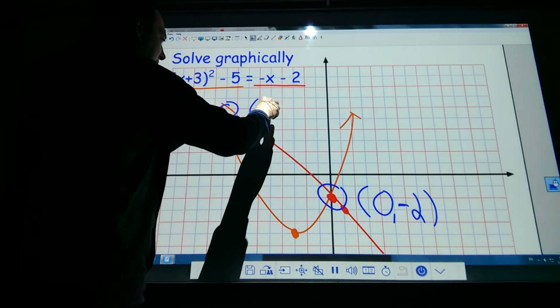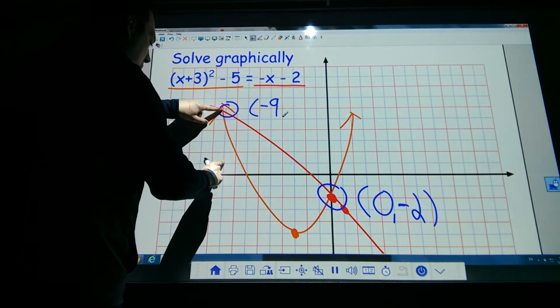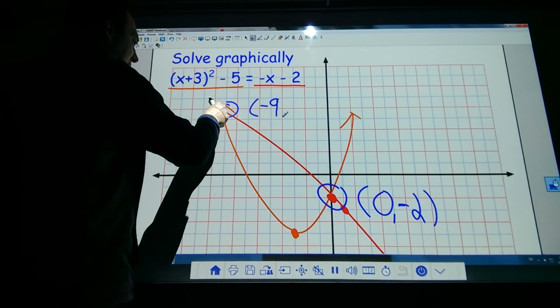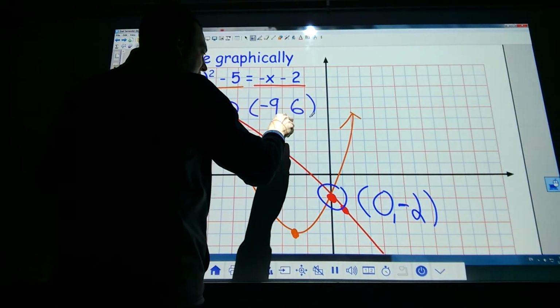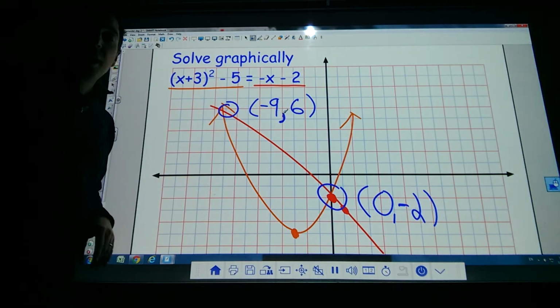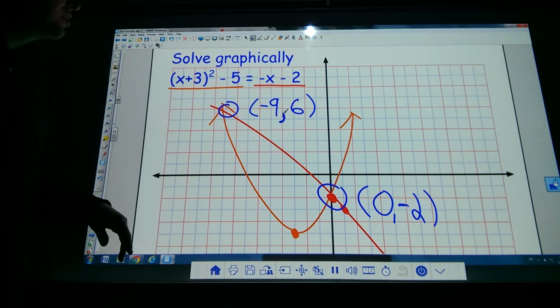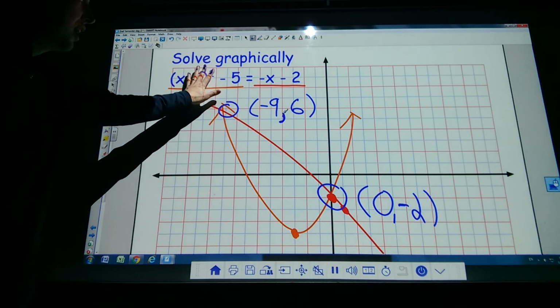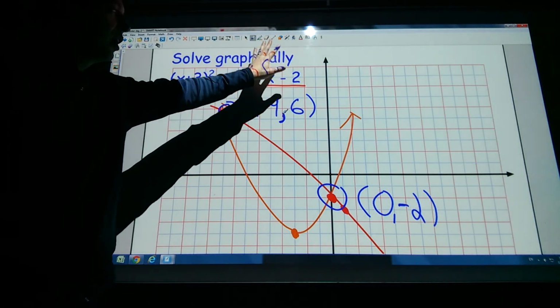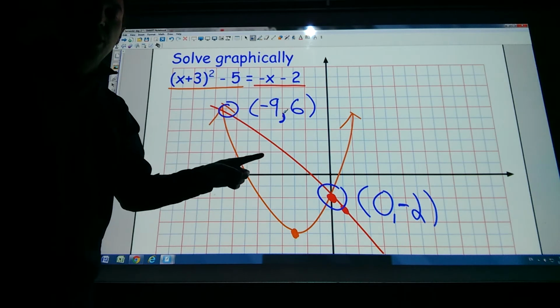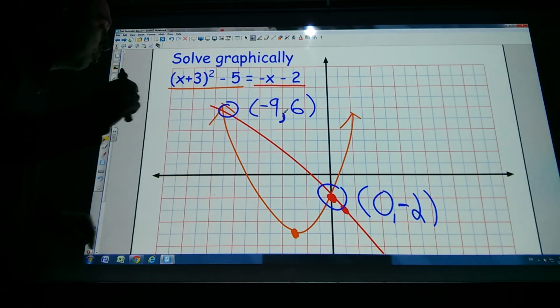So that's negative 9, up 1, 2, 3, 4, 5, 6. Negative 9, 6. If you gave me an answer somewhere close to negative 9, 6, I'd count it right. But that's the idea. Graph the left, graph the right, and see where they cross. Moving on.